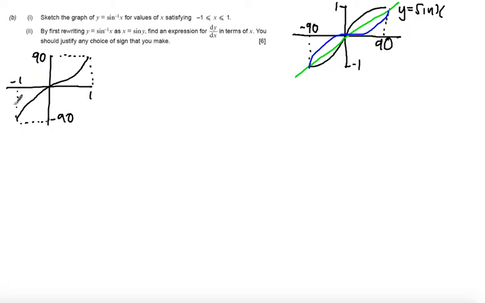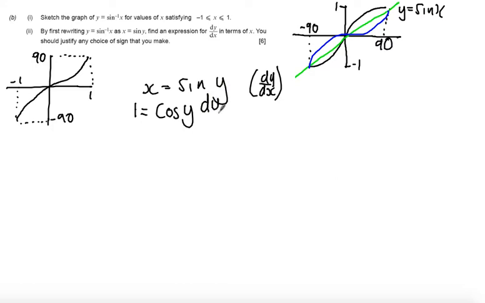Okay, so part I, it says first by rewriting y equals sine to the minus 1 x as x equals sine y, find an expression for dy by dx in terms of x. So I've got x equals sine y. If I differentiate each side with respect to x, I get 1 is equal to, differentiate sine y, I get cos y.